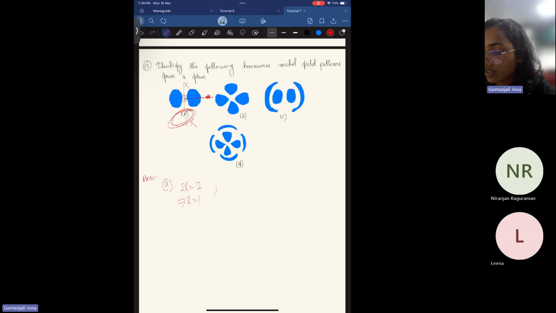Across this radial direction, we have no zero values of R. So that means M minus 1 is 0. So M is 1. So this is the LP11 mode. What about the second mode? B.